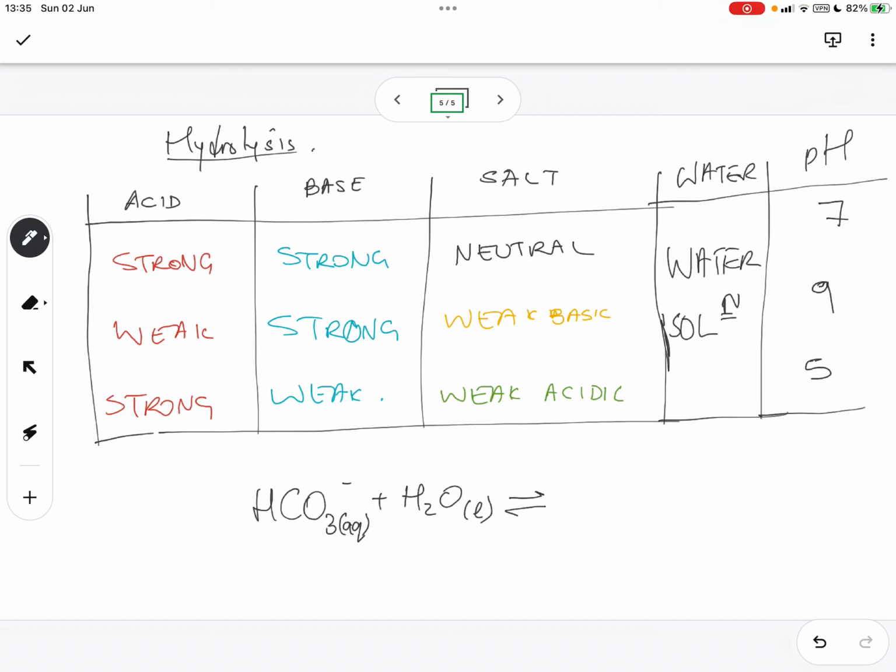Okay, this should give, okay, so this will give H2CO3 plus OH minus. Right, and these are aqueous. These are aqueous.